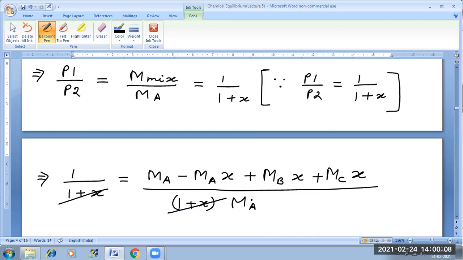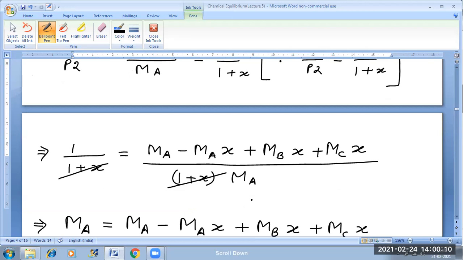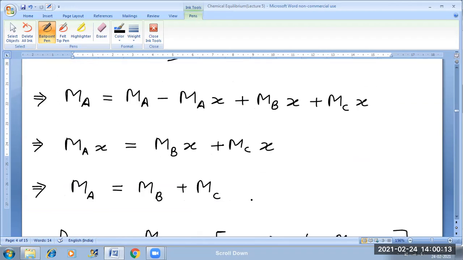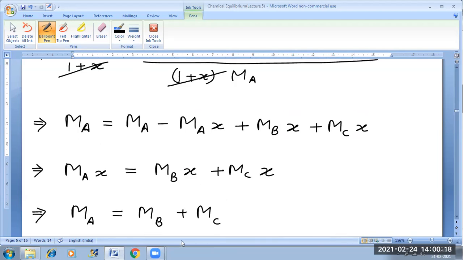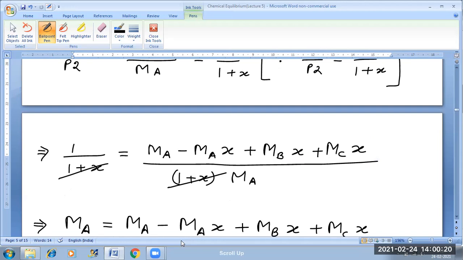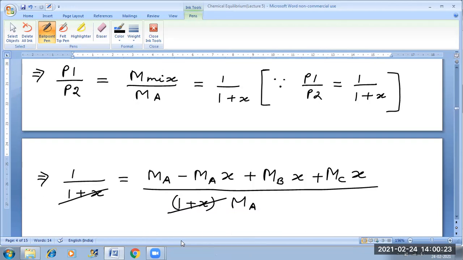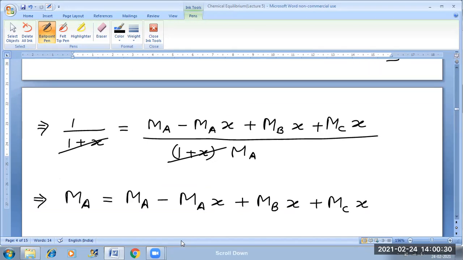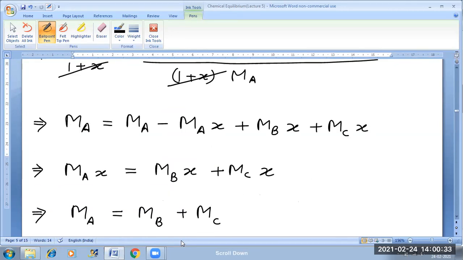So if M mix is substituted, and on solving I'll get this. MA is equal to MB plus MC. So they can ask you which of the following relations is correct for a reaction of this kind where A is giving B and C. So we can say that MA is equal to MB plus MC, where MA is the molar mass of A, MB is the molar mass of B, MC is the molar mass of C.